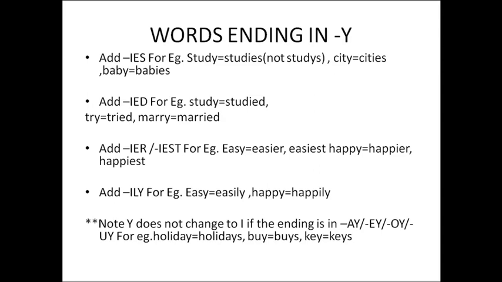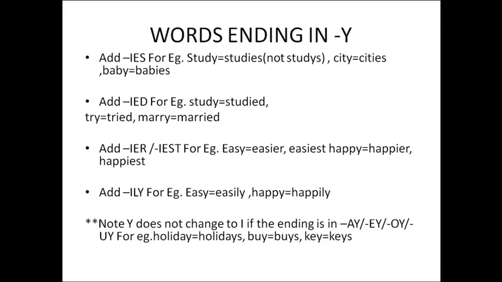So remember, we need to add IER for the comparative degree and IEST for the superlative degree. Also, you should add ILY, for example, easy becomes easily. Happy becomes happily.